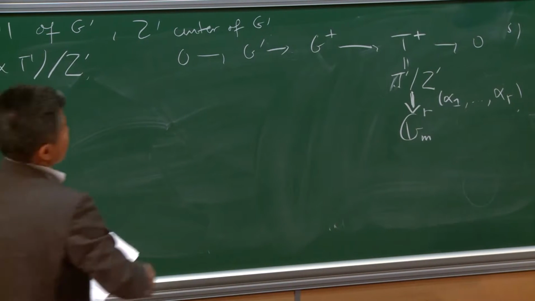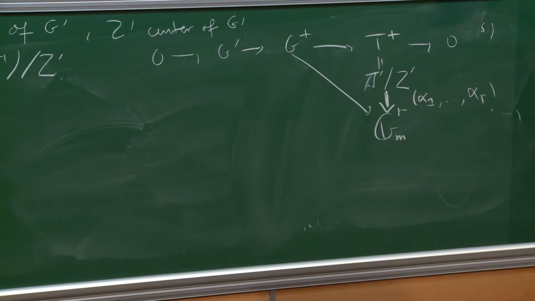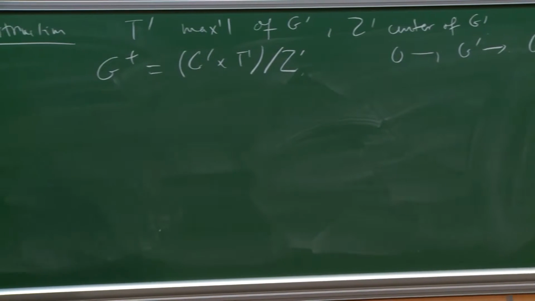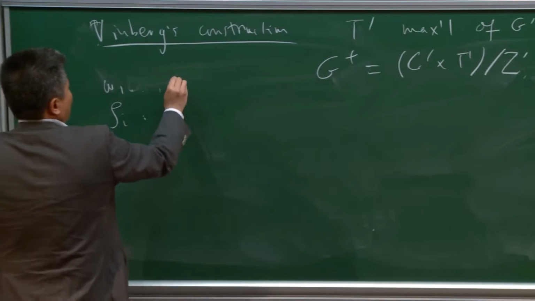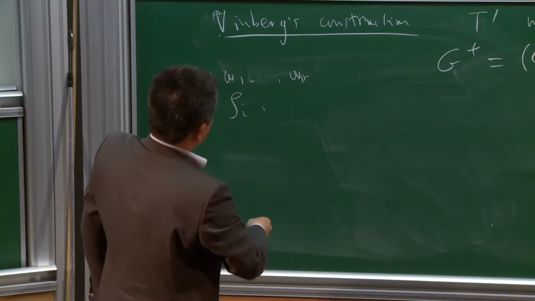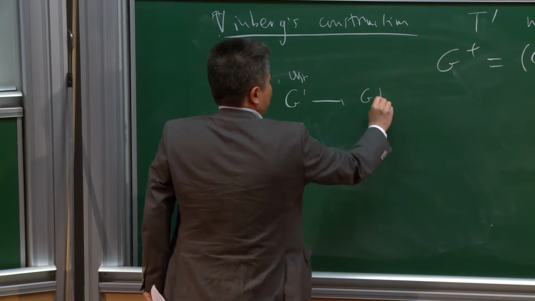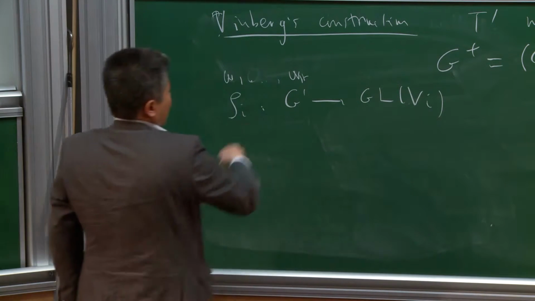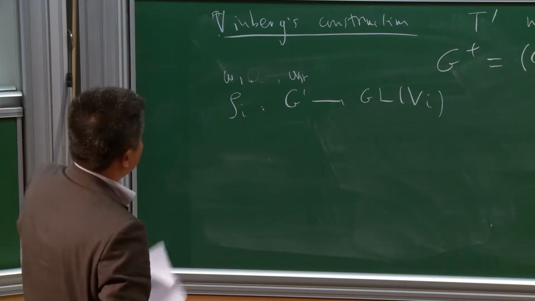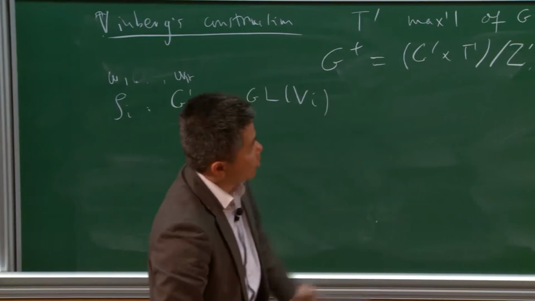And so, of course, you have alpha_i extended to G plus. Now you have the rho_i. So let omega_1, ..., omega_r be the fundamental weights of G prime. And then you have the fundamental representation of G prime going to GL(V_i) of highest weight omega_i. And you want to extend this rho_i over G plus.